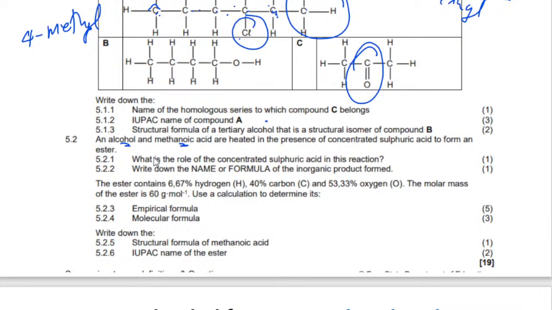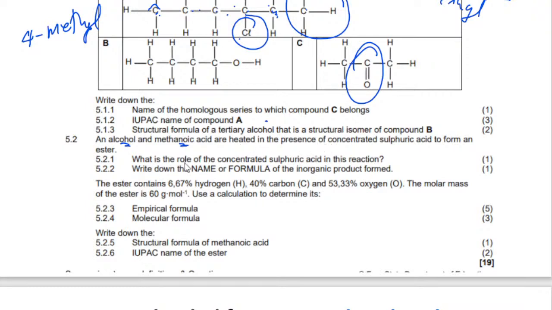It must come into your mind that you are talking about esterification. So what is esterification? Formation of esters. So you form esters using alcohol and the ethanoic acid in the presence of heat and the concentrated sulfuric acid.